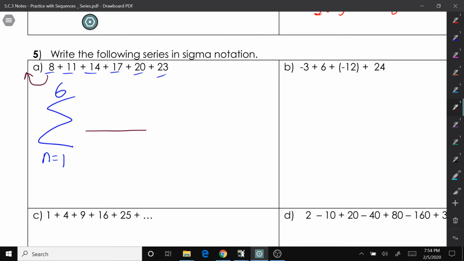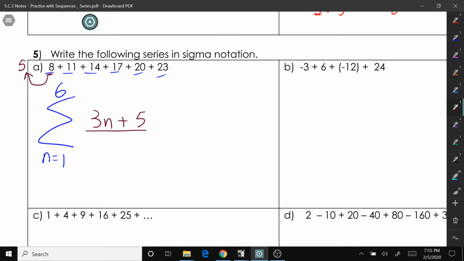If you're looking at these numbers, 8, 11, 14, 17, 20, and 23, we are adding 3 each time. So what must have come before this 8 needs to be 5, because 5 plus 3 is 8, 8 plus 3 is 11. So we have 3n plus 5 as our sigma notation.